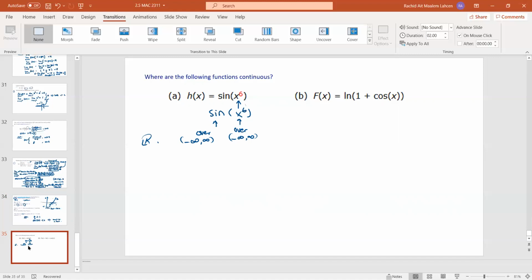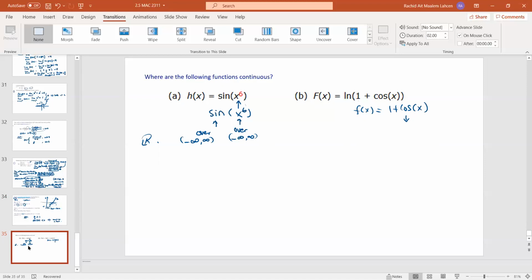Now again, this is a composition. You can call f of x as 1 plus cosine of x. This one is continuous. Cosine of x, the graph bounces between -1 and 1, and now we add 1 to it.